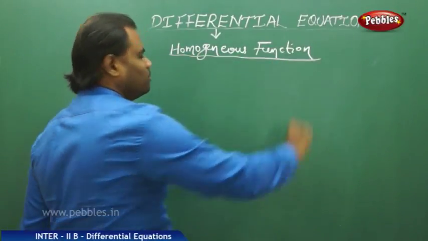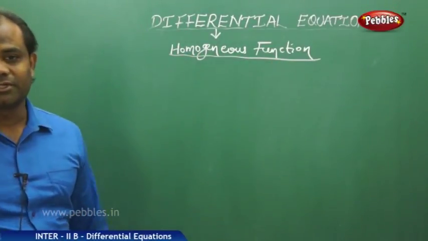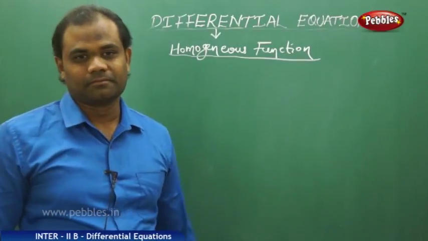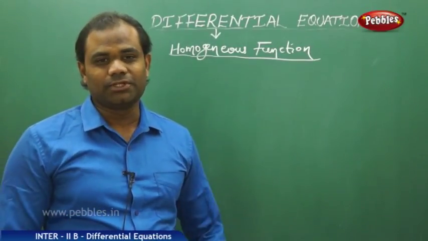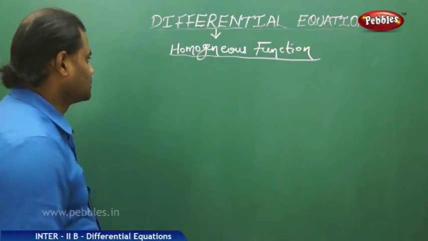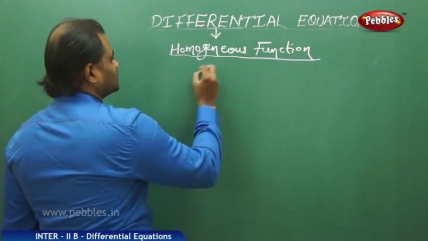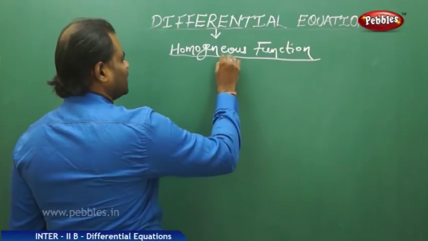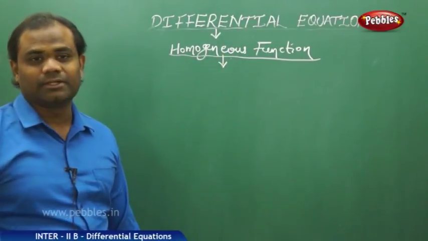What do we mean by homogeneous function is the biggest question in the definition. As we know, homogeneous is something like equal in all respects, therefore equally distributed. Then a homogeneous function has its own mathematical definition.